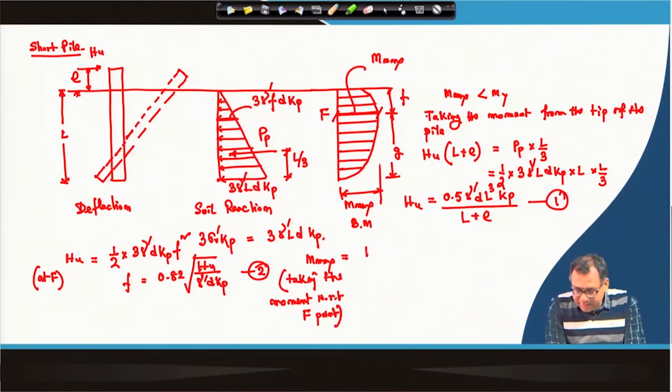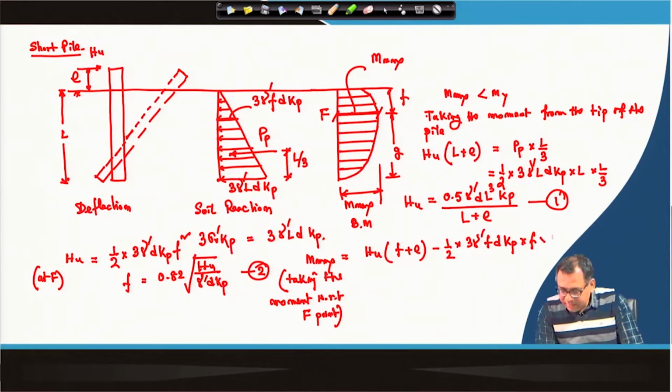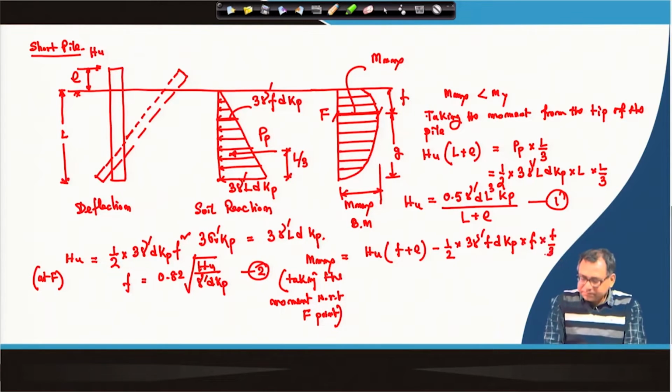This will be H u into F plus E, then the counter moment is half into 3 gamma dash d K p into F, this is the force, and then F divided by 3.